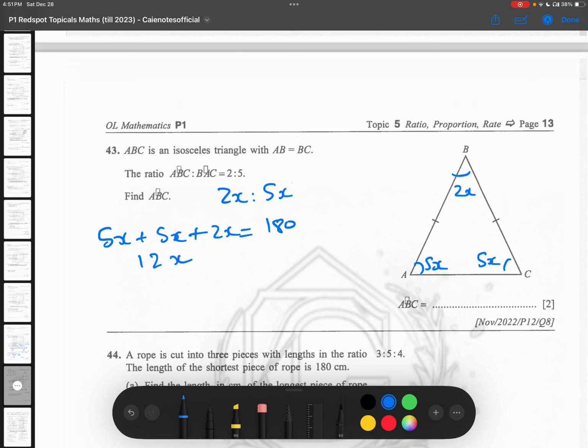So now I will solve this equation. 12x is equal to 180. X will be equal to 180 divided by 12, and 180 divided by 12 is 15. So we were supposed to find ABC. So ABC will be 2 multiplied by 15, which is equal to 30. The value for angle ABC.